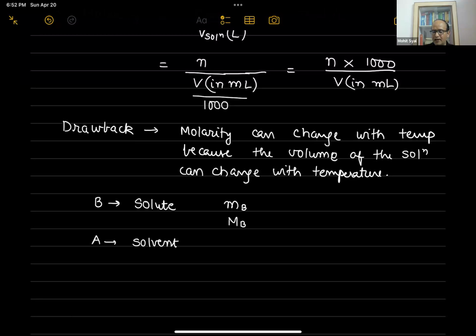The molarity is equal to number of moles of solute, which is given by mass by molar mass, WB upon molar mass. It is written as WB or mB in some places. Different books follow different conventions. These are the moles divided by the volume of the solution in liters. If it is in ml, multiply by 1000.